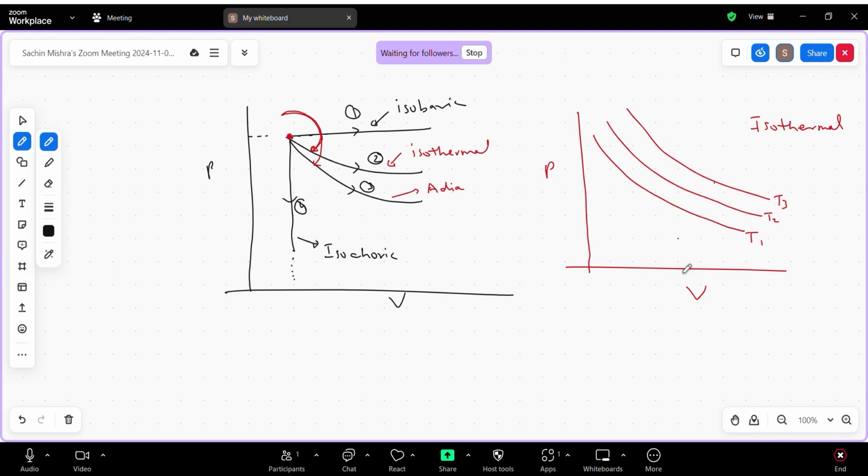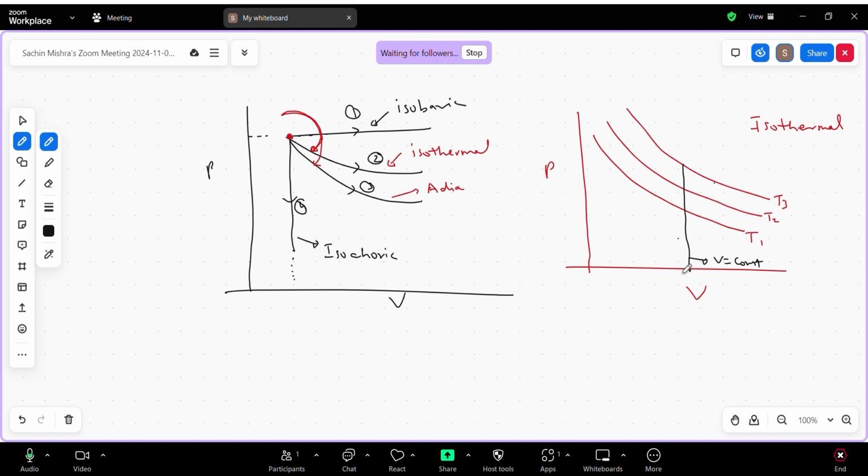It's a simple problem. If they give a curve like this, first you draw a perpendicular line either on the x-axis or the y-axis. You can choose any, no problem. So I draw a perpendicular line on the x-axis. That means I assume volume is constant. Perpendicular on volume means volume is constant.